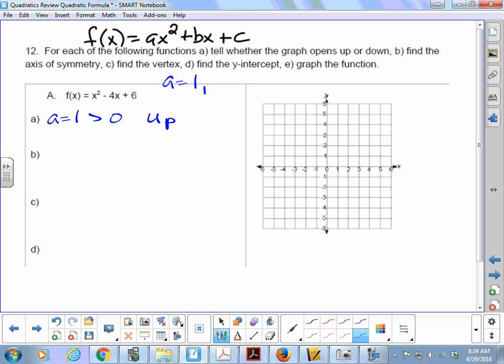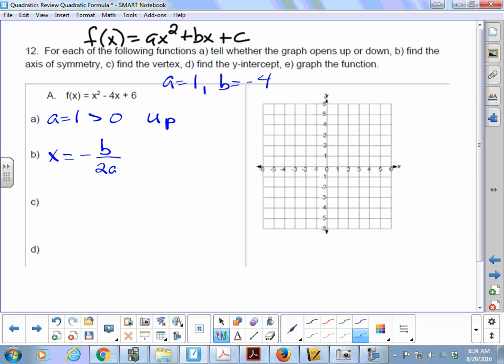B, they want us to find the axis of symmetry. This is written in standard form, so we go back to our notes from before. To find the axis of symmetry, we know that x is equal to, because it's always a line, negative b over 2a. So we need to know what b is. In this case, b is equal to negative 4.